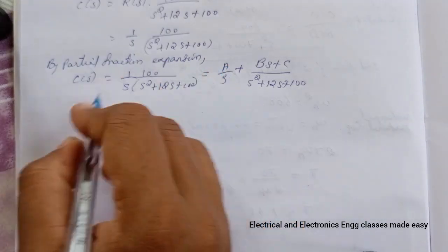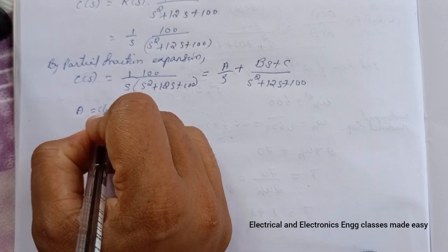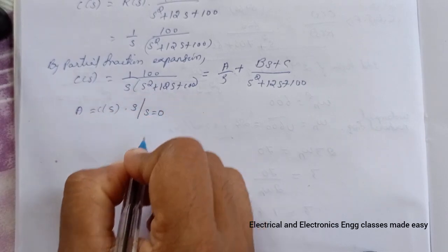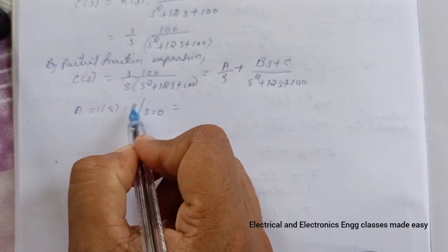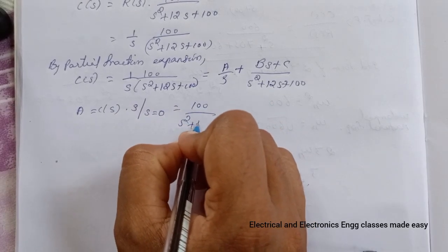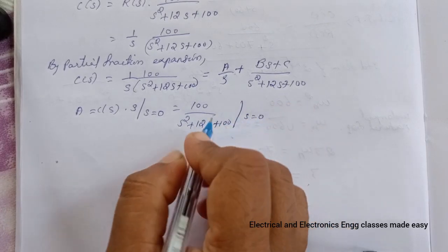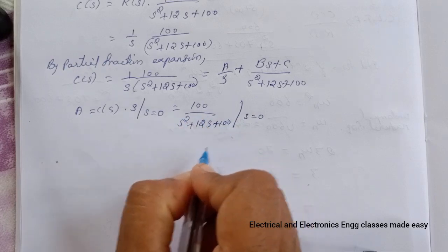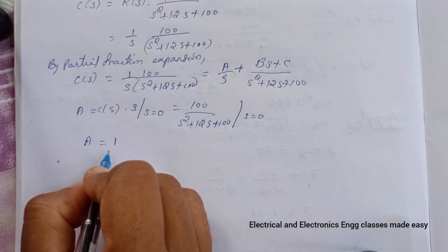Here the value of A can be obtained by multiplying C(s) with s and putting s equal to 0. Multiplying C(s) with s, we get 100 divided by s square plus 12s plus 100 at s equal to 0. Put s equal to 0, then we get 100 divided by 100. So we get A equal to 1.